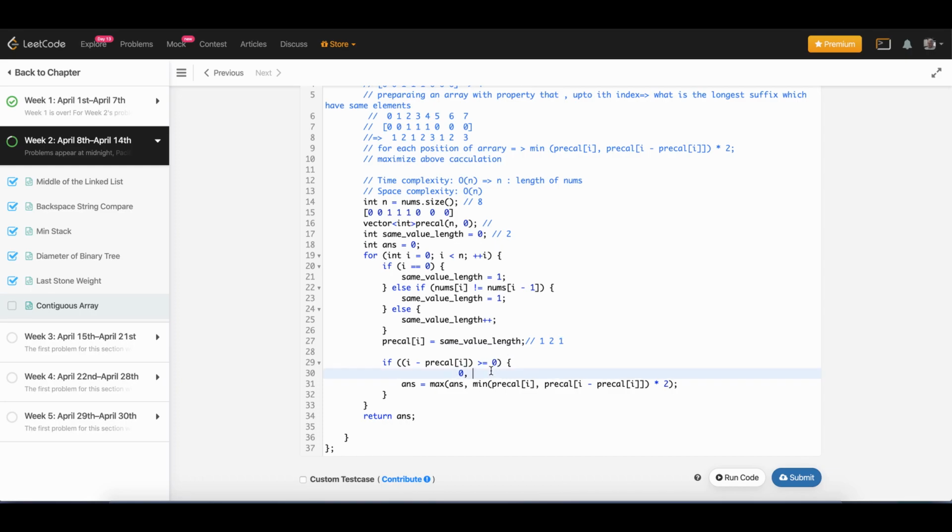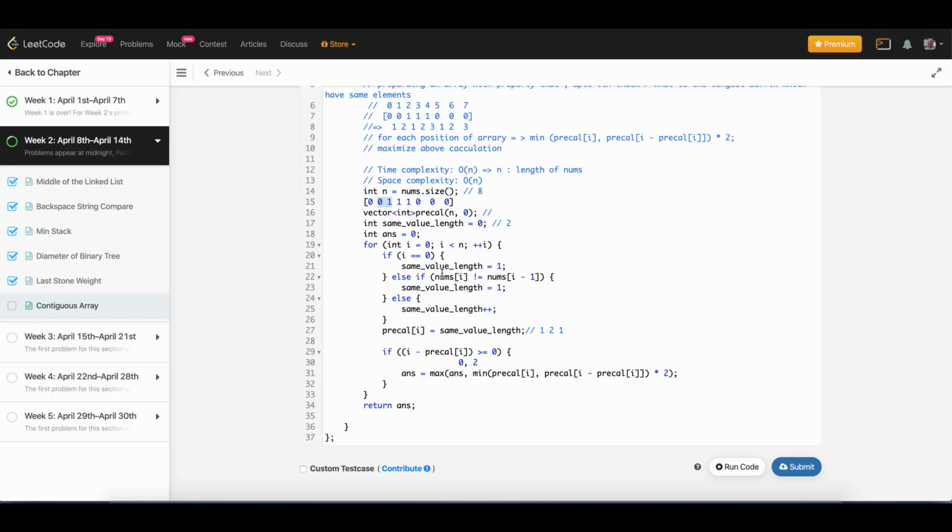The minimum among 1 and I minus precal of I, which is 2, is 1, multiplied by 2, which gives us 2. This is valid because we are considering this 0 and 1 subarray, which has an equal number of 0 and 1. We are trying to maximize with our global answer, and the maximum will be updated, and answer will now equal 2.